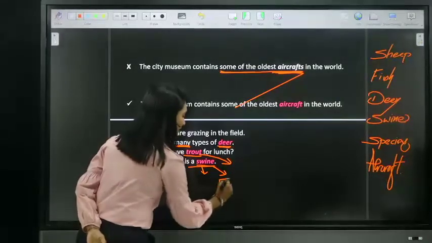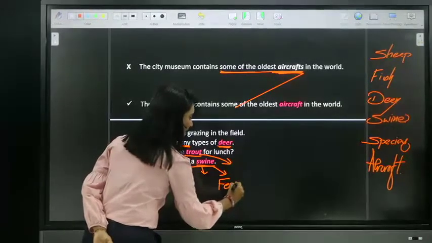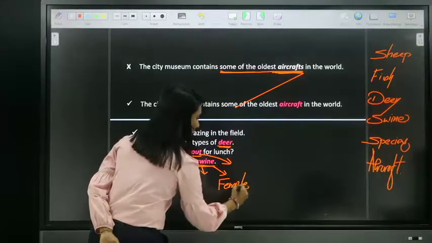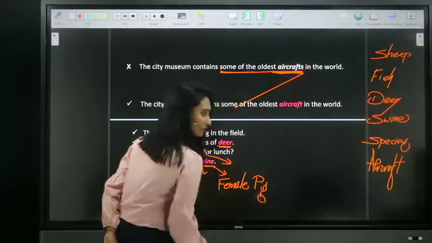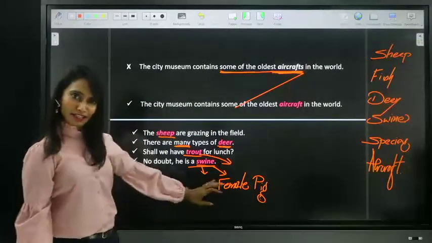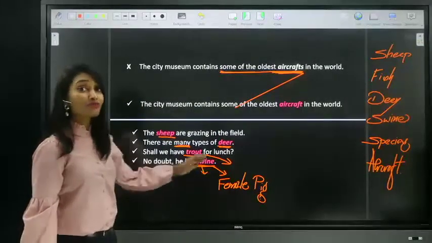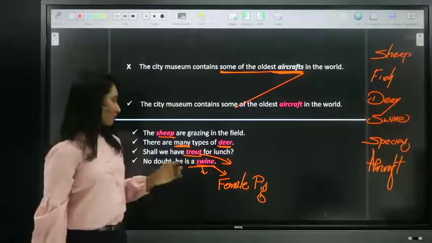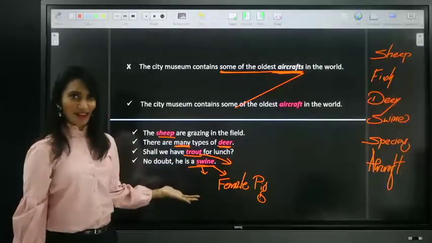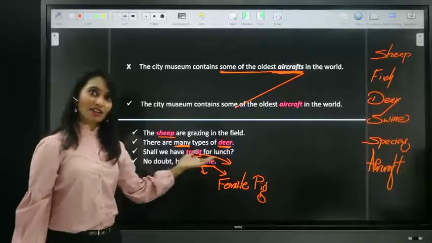So, swine is a female pig. So, you're correct partially, Angela. It is pig, but it is a female. The feminine form of pig is swine. So here we are saying no doubt he's a swine. Don't ask me why you are talking in a feminine form.